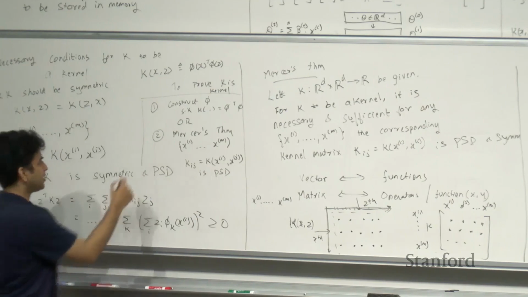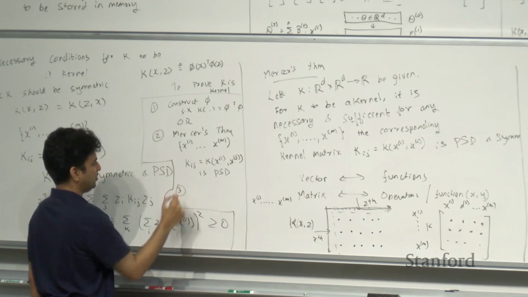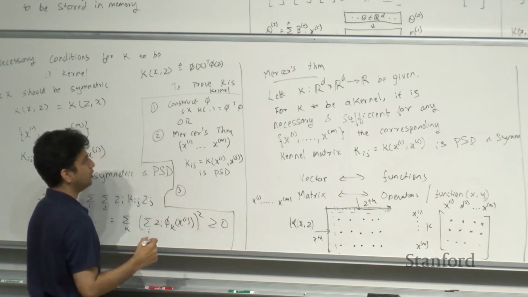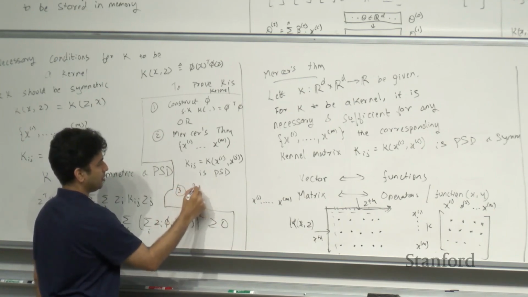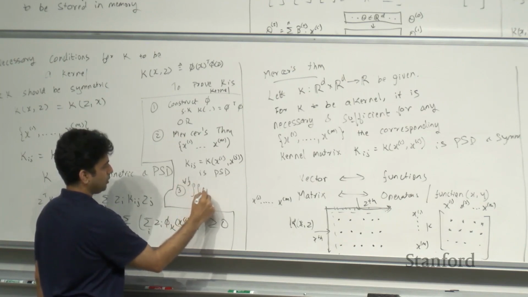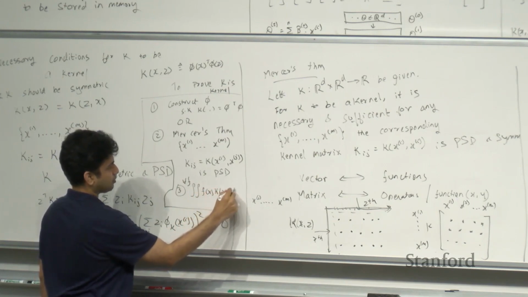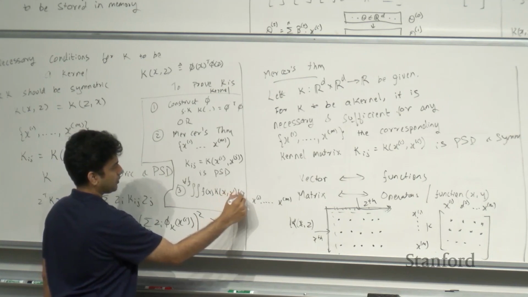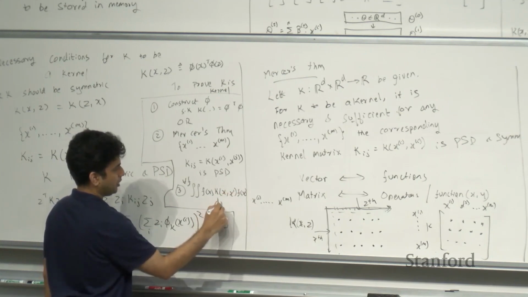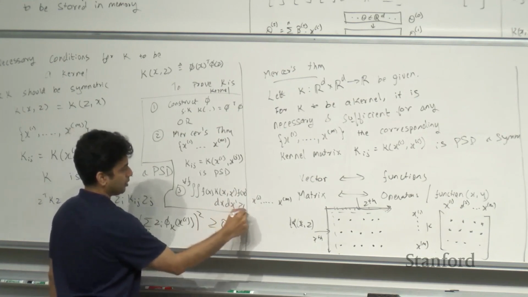In fact, there is also a third, which generally is very hard to prove: for all f, the double integral of f of x, K of x, x prime, f of x prime, dx dx prime is greater than or equal to 0.